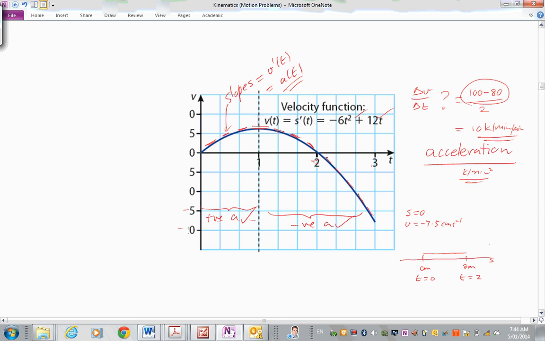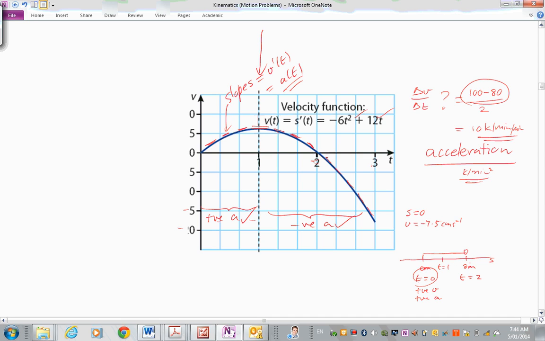So it went from T is 0 with positive velocity and positive acceleration, but the acceleration ended up at T is 1 being 0, and then it started to be negative. So somewhere in here at T is 1, I don't know what the displacement was there, the acceleration stopped being positive and became negative.